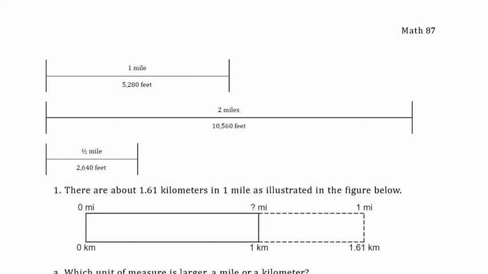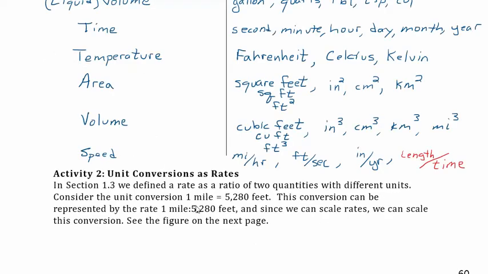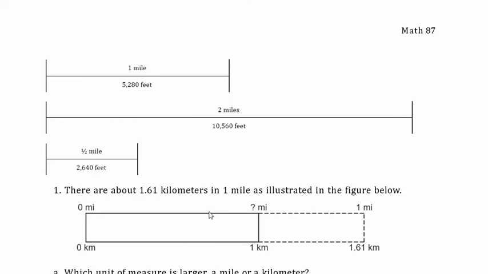So we had this rate we were talking about, which was 1 mile to 5,280 feet. So let me write it up here. Let's say 1 mile to 5,280 feet. So if we scale this by a factor of 2, we get a new rate, which says that 2 miles to 10,560 feet.